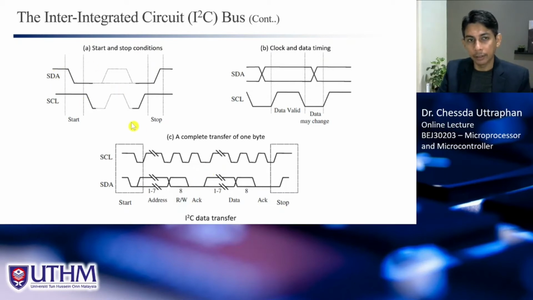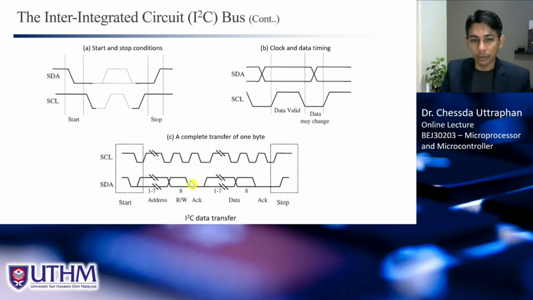This is different from SPI, where, although we say that we have communication, actually we only send and receive, right? But this one you need to wait for the acknowledge. Acknowledge means that the receiver needs to respond to the sender that it is ready for the read or write operation. So this is the acknowledge bit, the bit just after this one.